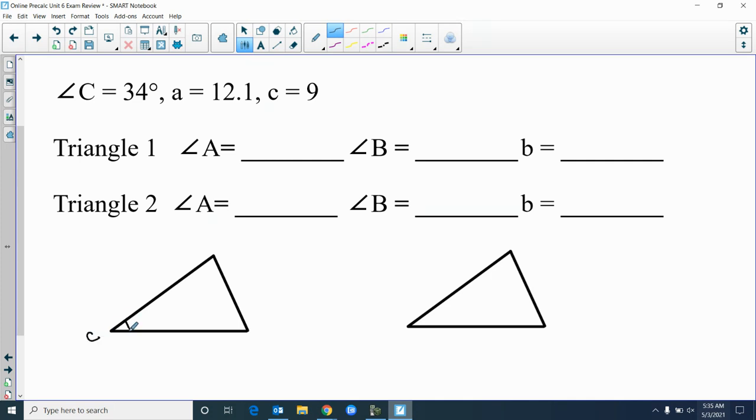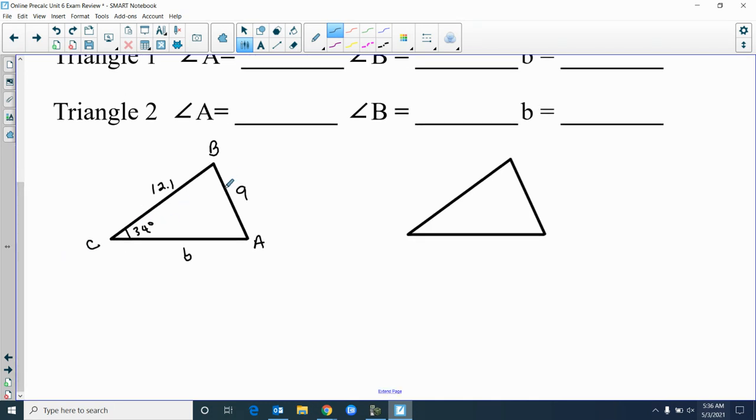So I'm going to call that C, that's 34 degrees. Across from it has to be side c, which is 9. And I'm going to let this be 12.1. Since that's side a, this has to be angle A. This will now be angle B and side b. So I have to find angle A, angle B, and side b.